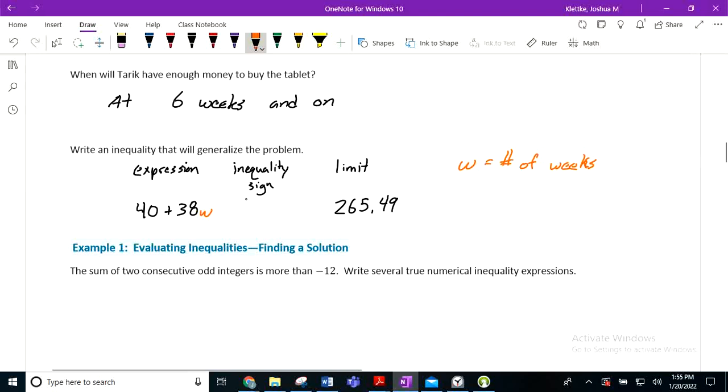And then for an inequality sign, let's think: the expression represents how much he has after W weeks. This limit represents how much he needs.